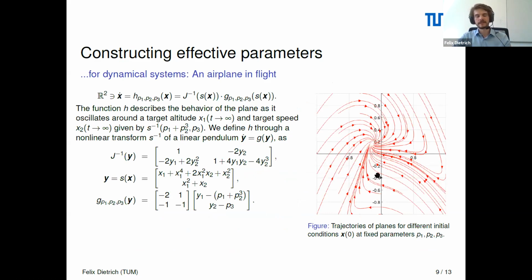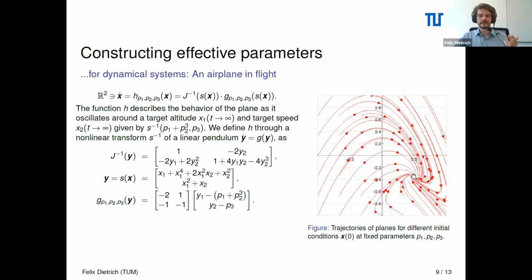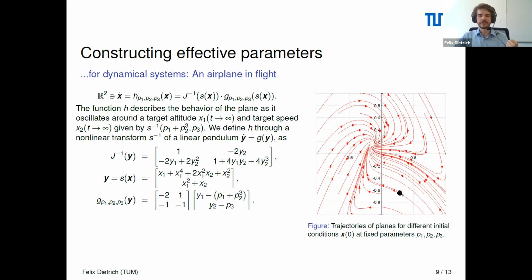So you can see the trajectories of our airplane as it approaches a certain target speed and target altitude are nonlinearly distorted from the regular damped pendulum equations. And if you change the parameters, this steady state will change and also the trajectories will change.